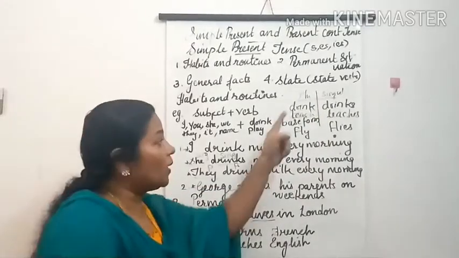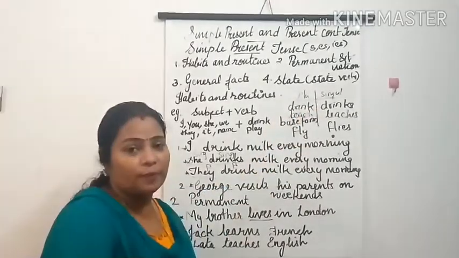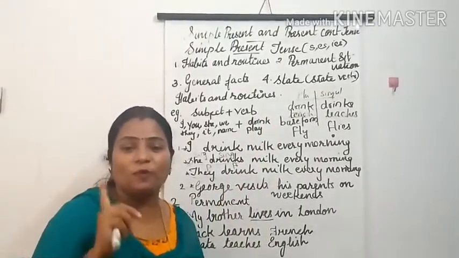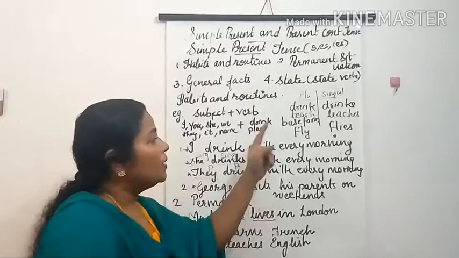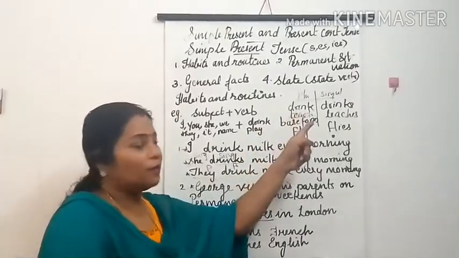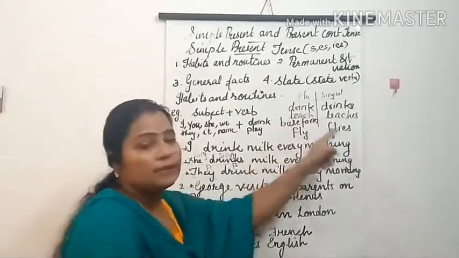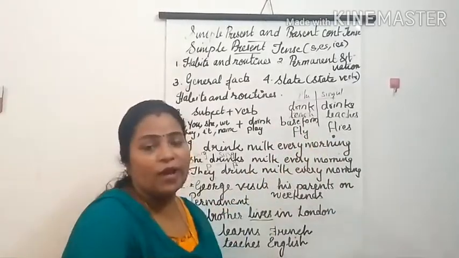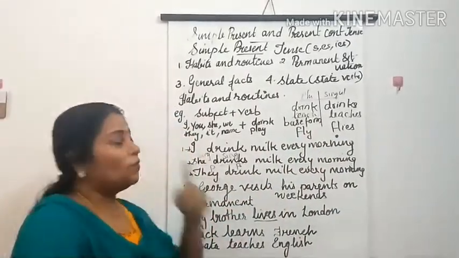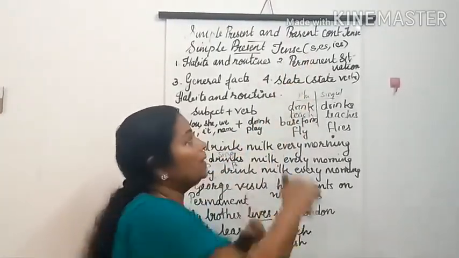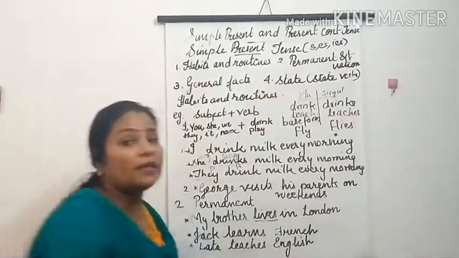Now, verbs are divided into plural and singular verb. Plural verb is also known as base form of the verb. See over here, we got the verb drink. And singular is drinks. Teach, teaches. Fly, flies. So, that's why I said the simple present tense is formed by adding to the verb s, es and ies.